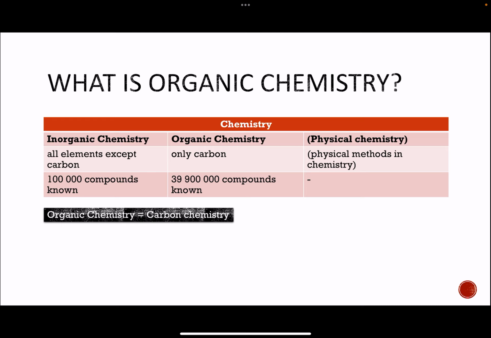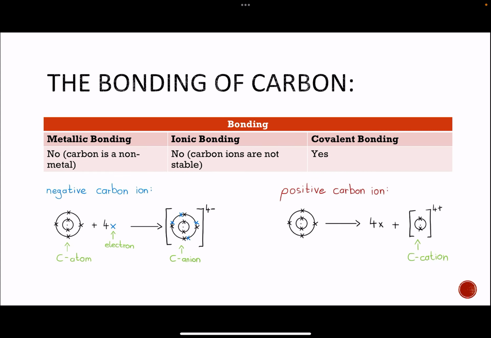This raises the question of why carbon is able to produce such a variety of compounds. And this, of course, on a molecular level has to do with the type of bonding that carbon is up to. That's what I want to look at with you next, the bonding of carbon.